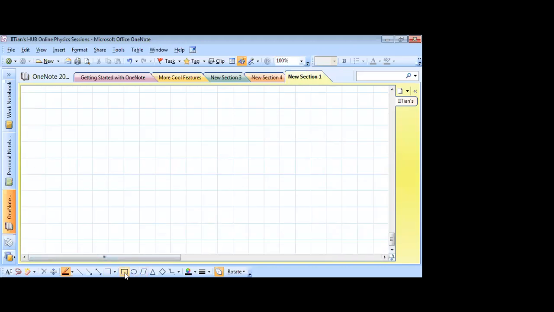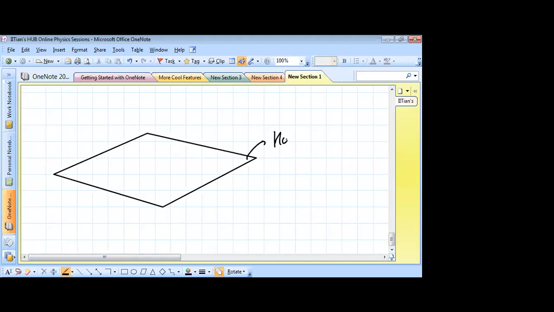Basically, if I draw a two-dimensional horizontal plane, suppose this is your horizontal plane, like the floor on which you are sitting right now.